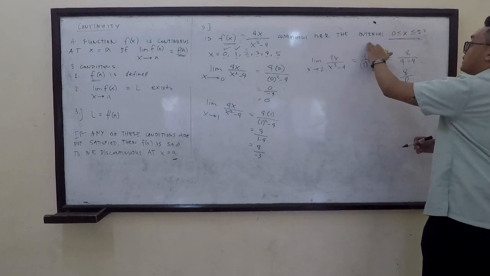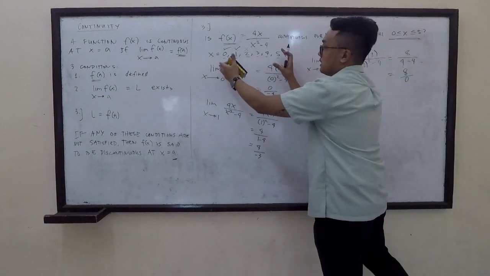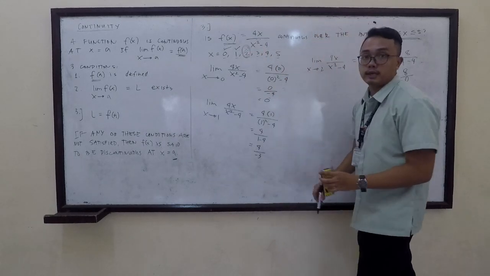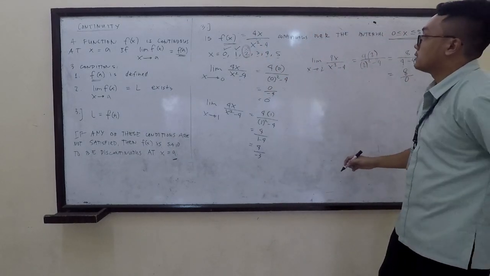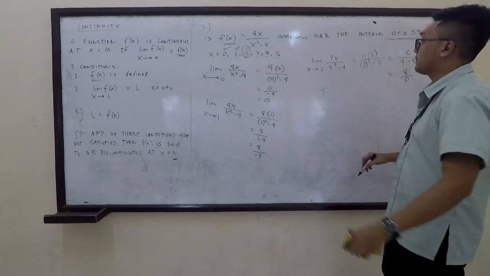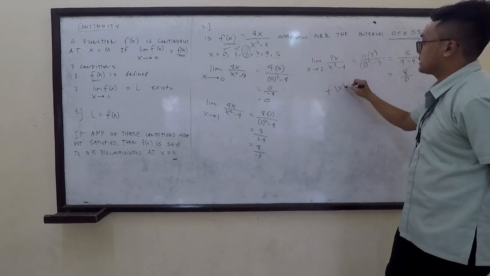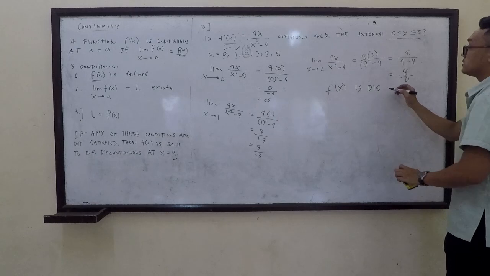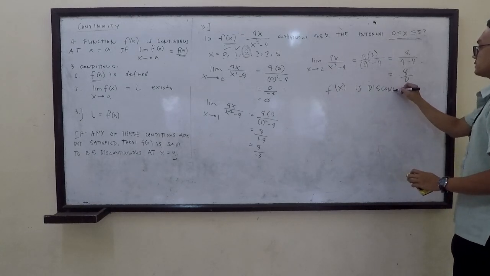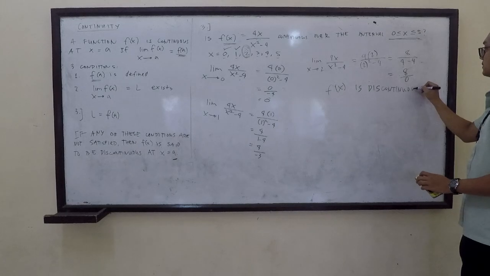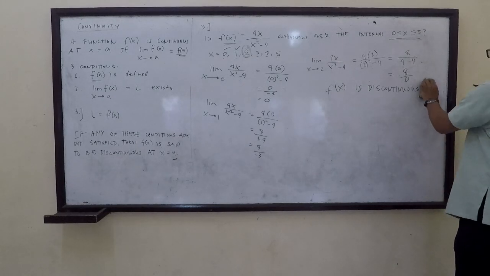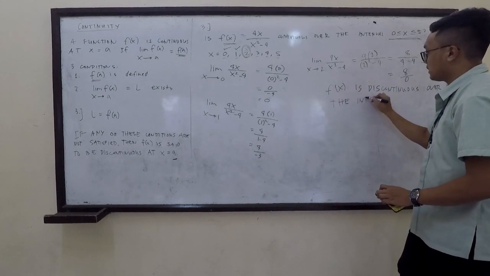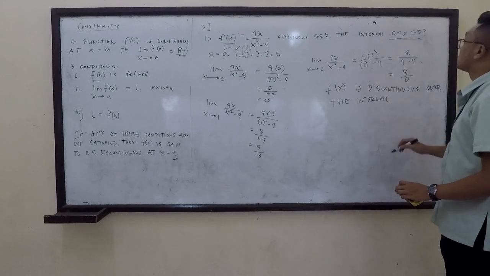Is the function continuous over the interval, which is this or this? So the answer is no, because of this number right here. So therefore, you are going to write the answer. F of x is not continuous over the interval 0.